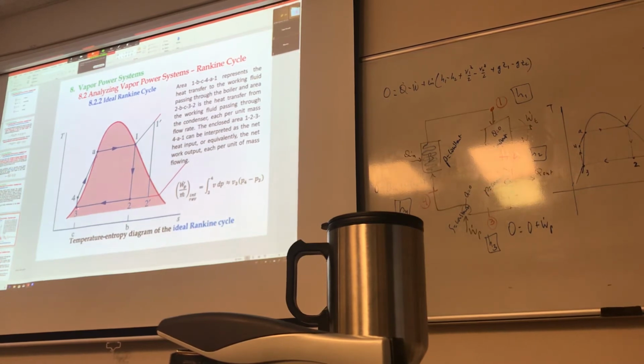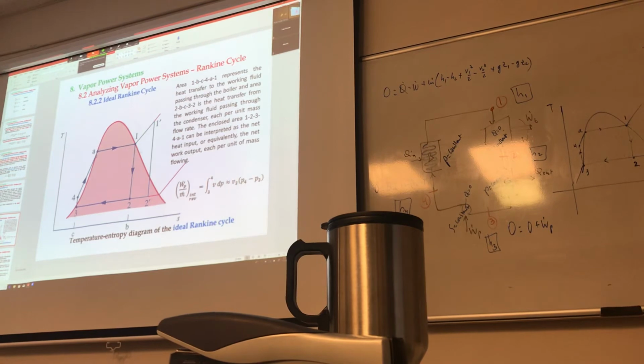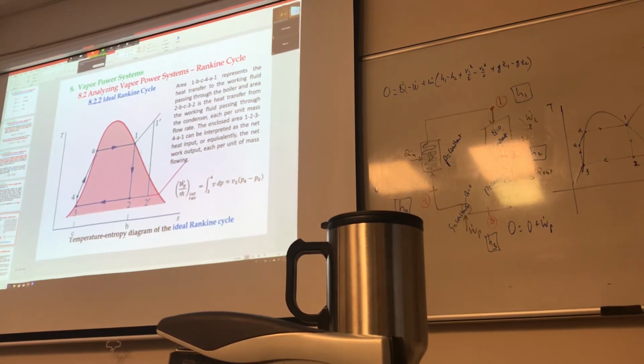So the difference in the two areas is essentially the net heat that is added to the system. The enclosed area, 1, 2, 3, 4, A, 1, can be interpreted as the net heat input, or equivalently, the net heat output, because we're talking about a cycle.